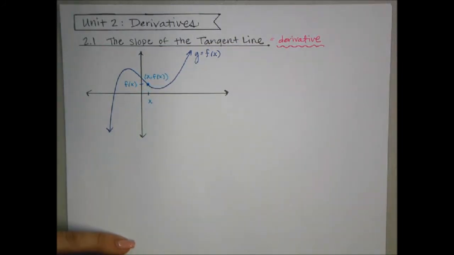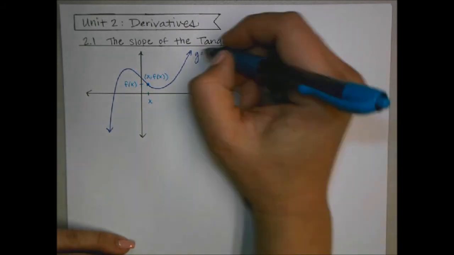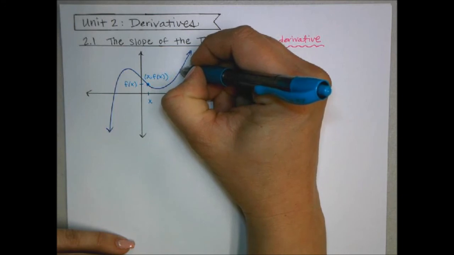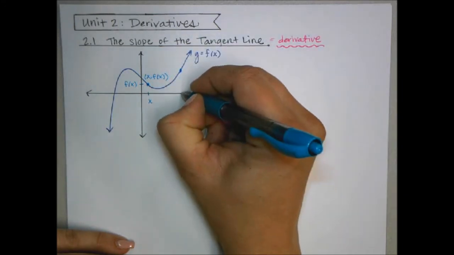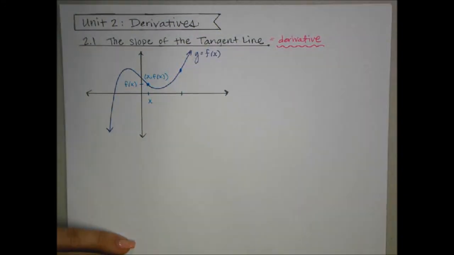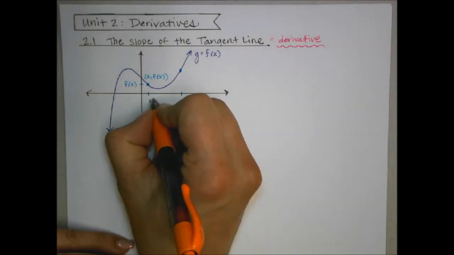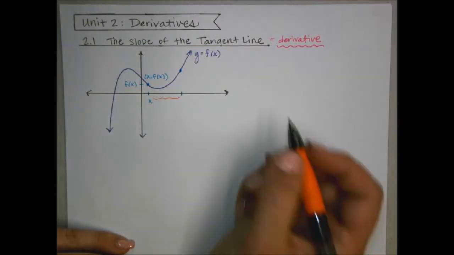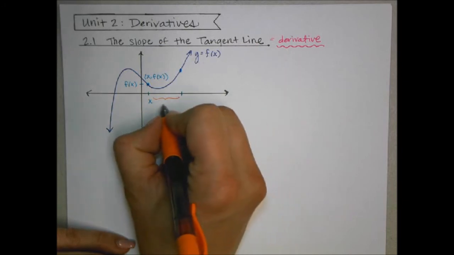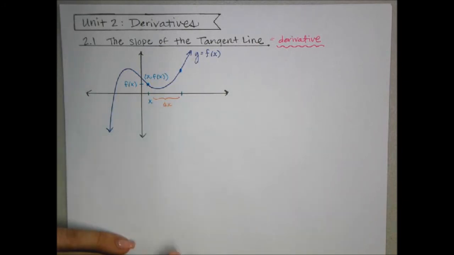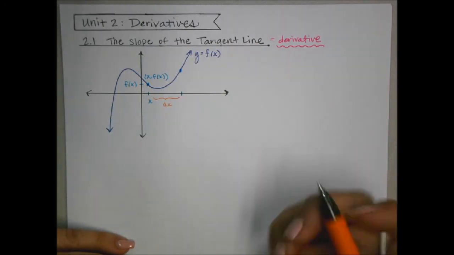Next thing that happens, we're going to find another point here. What we've done is we have moved over on the x-axis some distance. We'll call it delta x, sometimes h, but delta x for now.